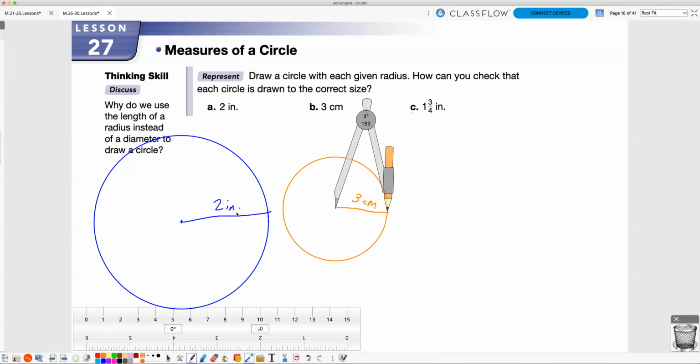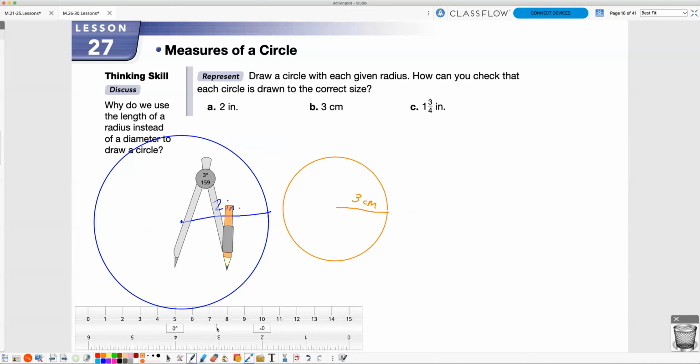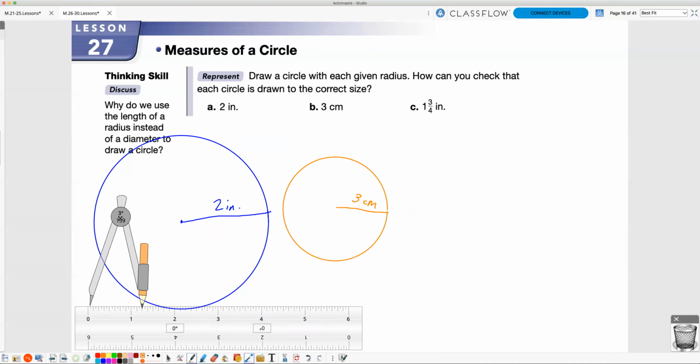And then the last one is 1 3/4 inches. So I need my ruler to represent inches again. So I'm going to change it to inches here. And then I'm going to move my needle to the 0 mark. And then I'm going to go to 1 3/4.